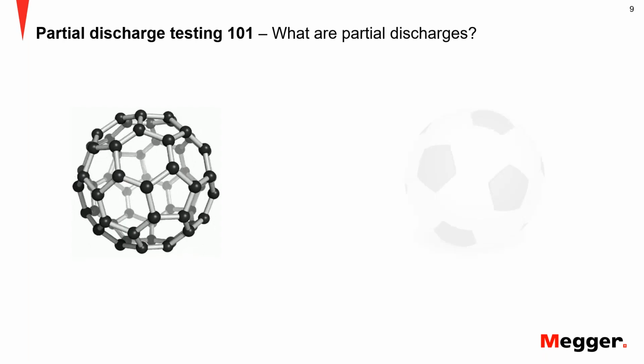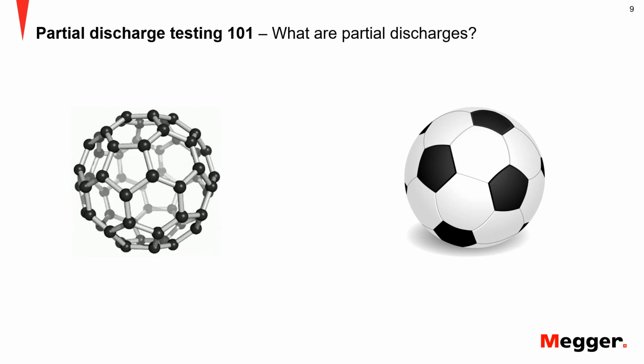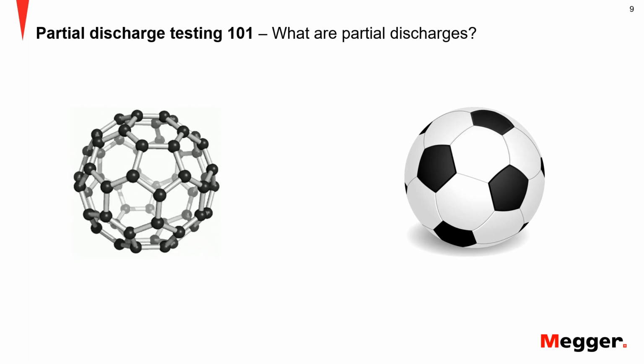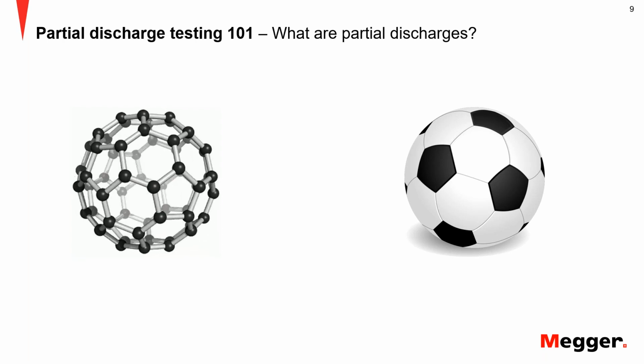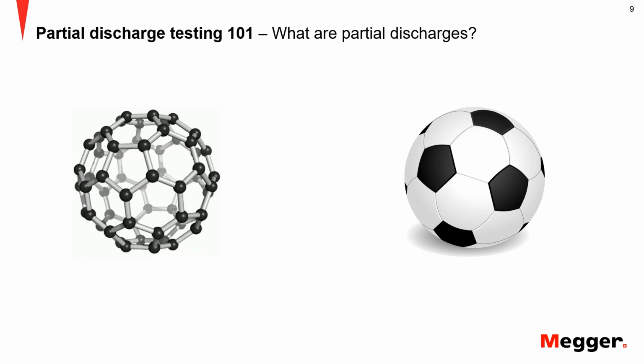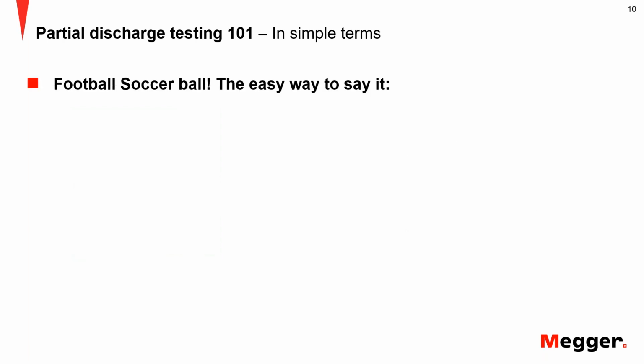And you could also say, hey, this looks like, we would call it a football. In North America, I have to say soccer ball to be clear, right? And so that would be an easy description of what you see on the left. And we want to keep it at this level in this webinar. In simple terms, calling what you just saw a soccer ball is the easy way to say it.